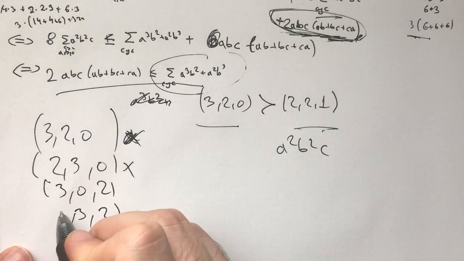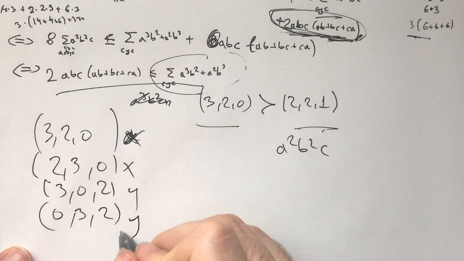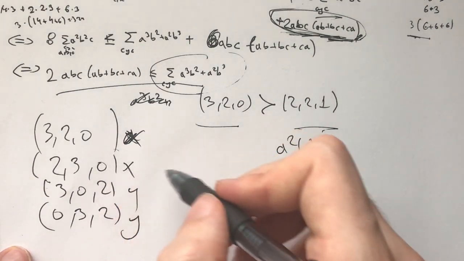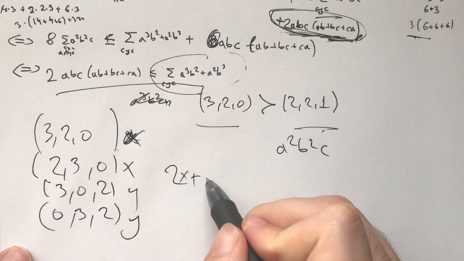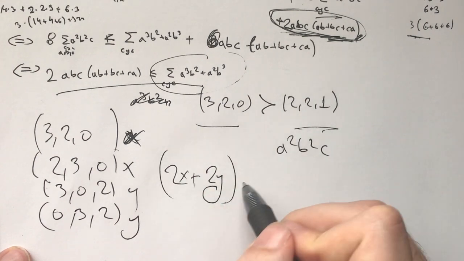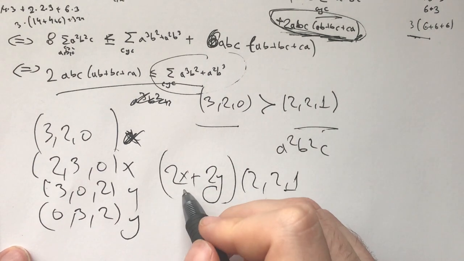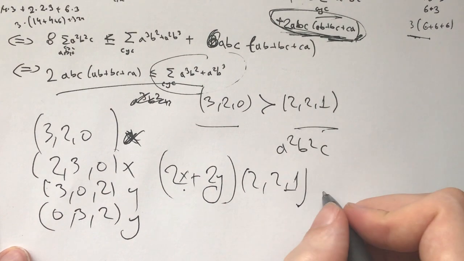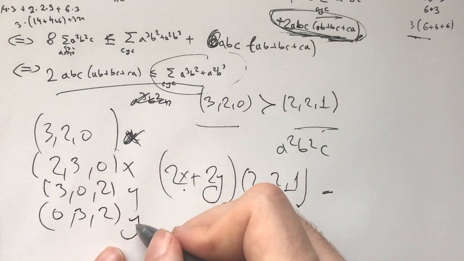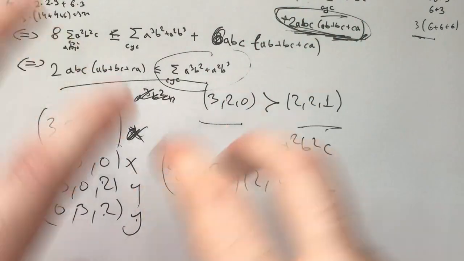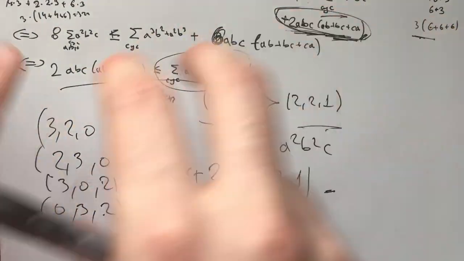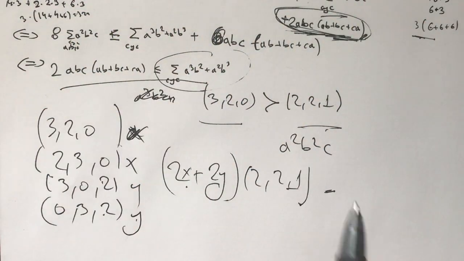Let me try it just with the two of them, and I'll take them y times. And once you do the math, you have 2x plus 2y times 2, 2, 1. So this will need to equal, what's this going to be? 2y. This is what you would get when applying the AM-GM inequality.